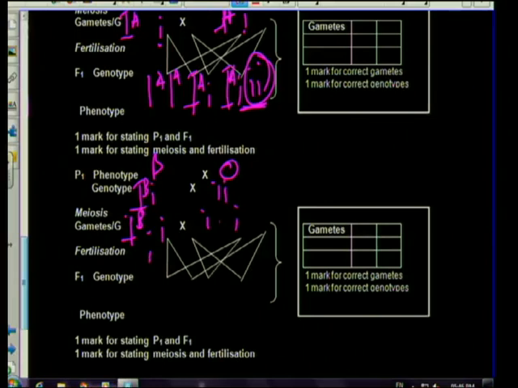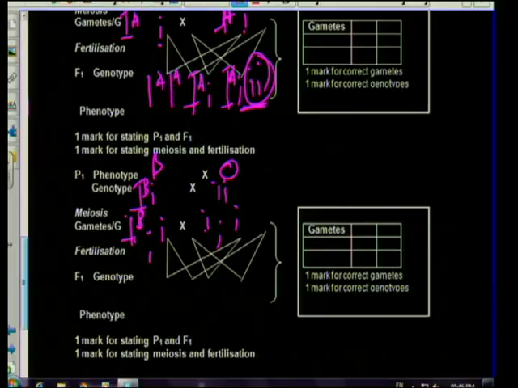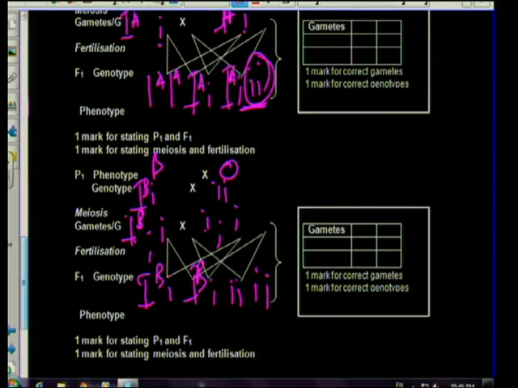I put a semicolon to show that there's a separation. You just need to leave a space between them to show that separation. So IBi, IBi again, and ii, ii. So they have a chance of having a child with B and O.